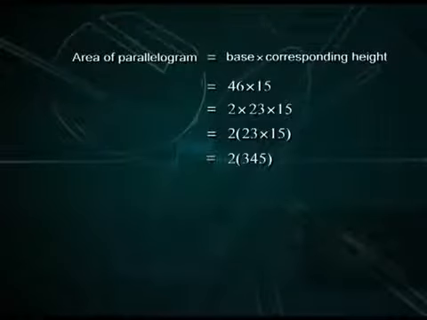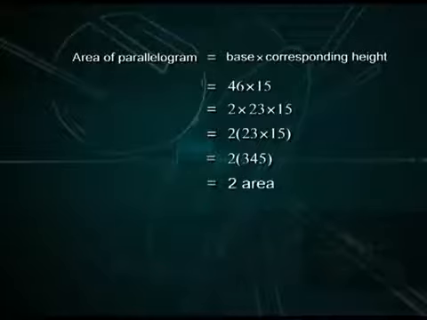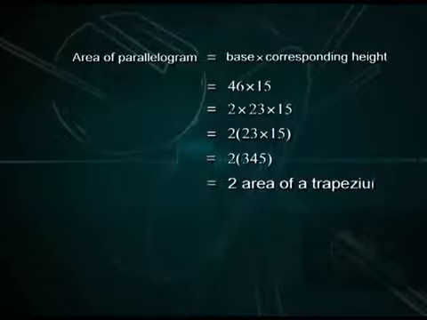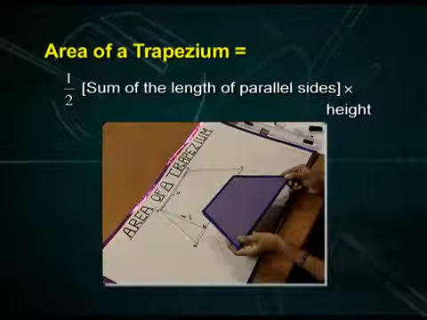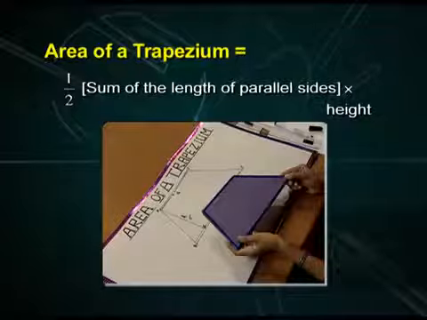So we can see that the area of a parallelogram is twice the area of a trapezium. This verifies that the area of a trapezium is half the sum of the lengths of the parallel sides into height. Thank you.